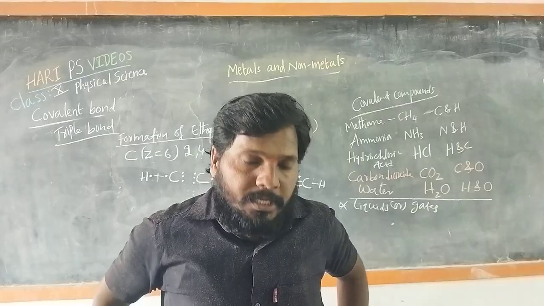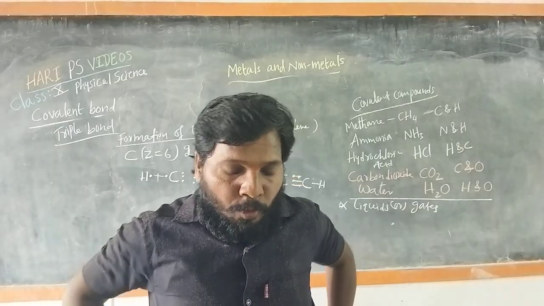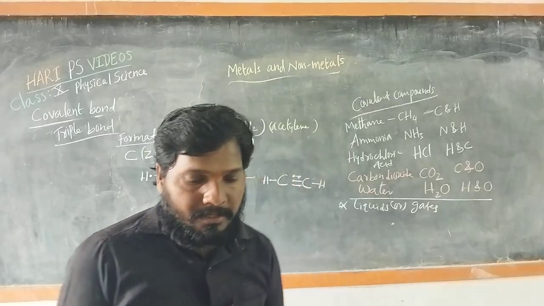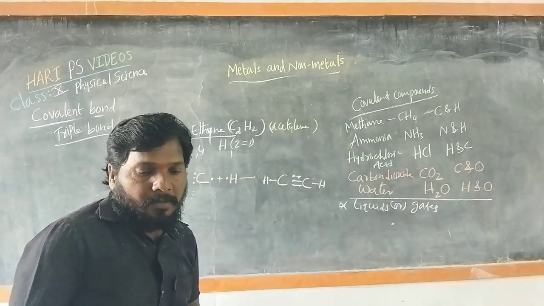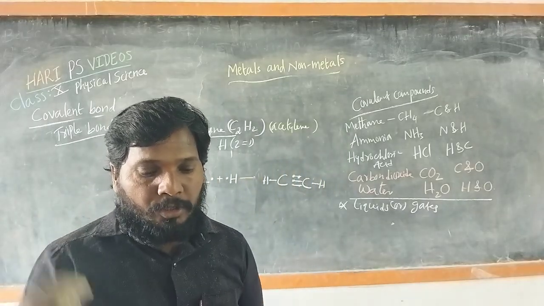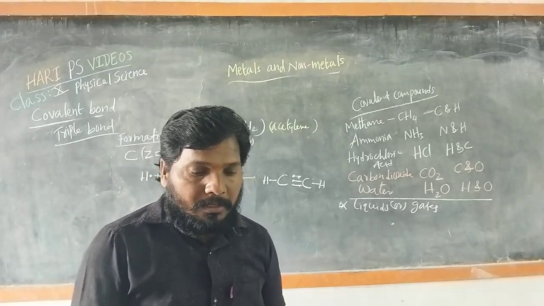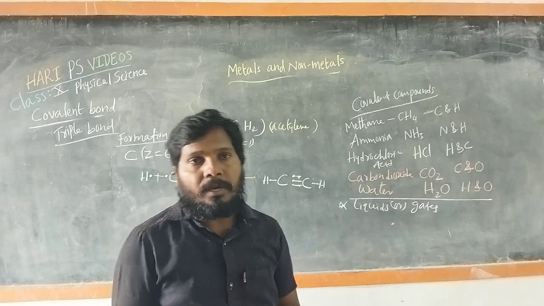Alcohol, ether, benzene, carbon disulfide, bromine are liquids. Methane, ethane, ethene, chlorine are gases. Glucose, cane sugar, urea, naphthalene, iodine are solid covalent compounds.